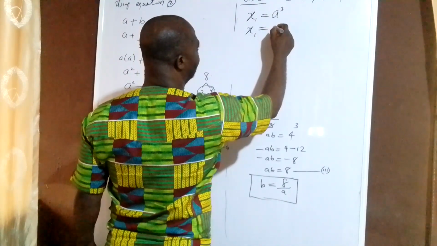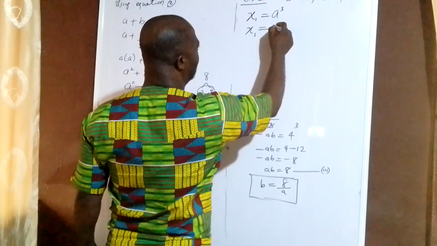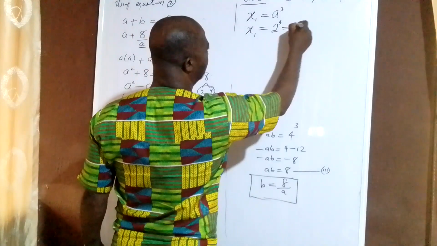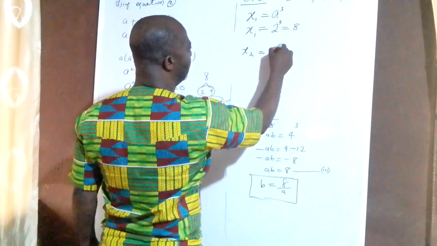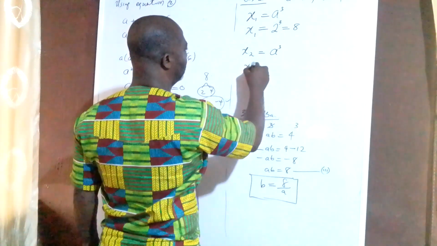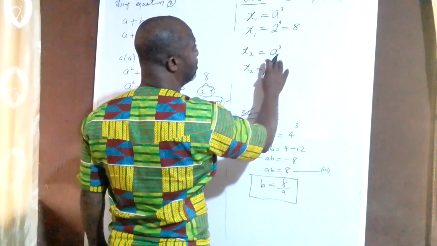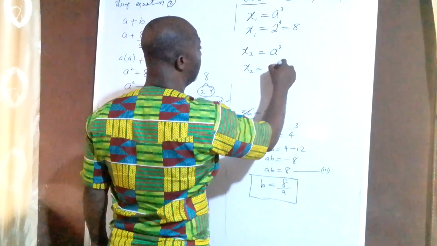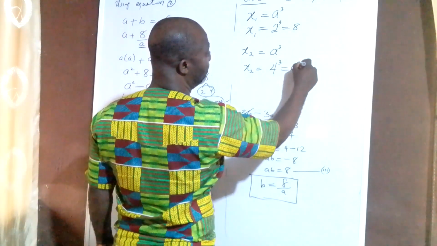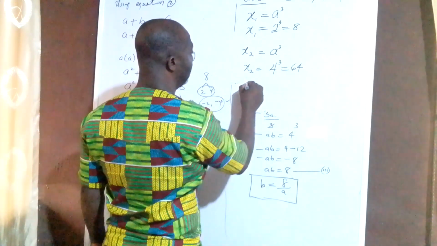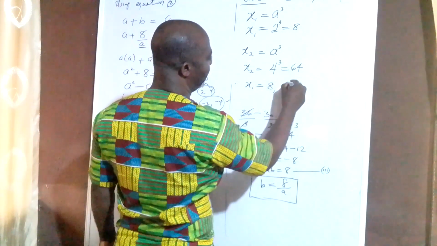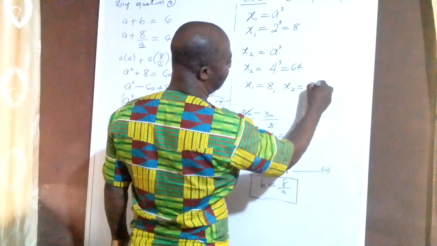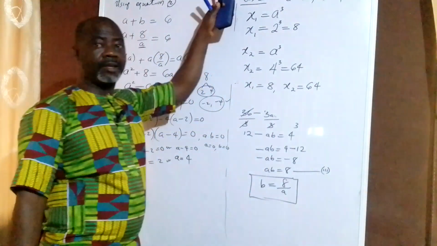We have 2 to the power of 3, which is 8. Then for x2, 4 to the power of 3, that is 64. Therefore, x1 is 8 and x2 is 64. That is for the value of a.